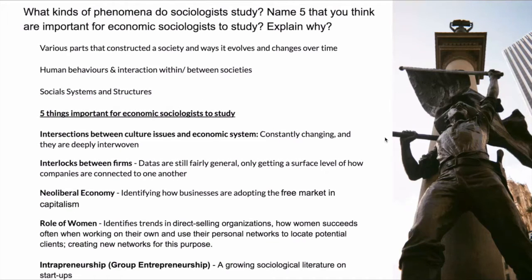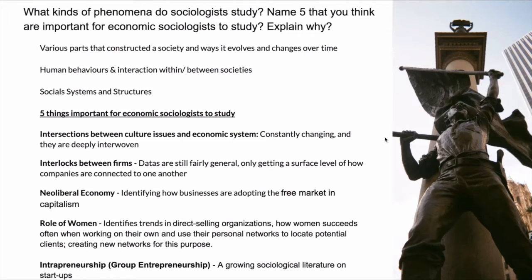So what kinds of phenomena do sociologists study? They study the various parts that construct a society and the way it evolves and changes over time. It also studies human behavior and interaction within or between societies, also studying the social system and structures.